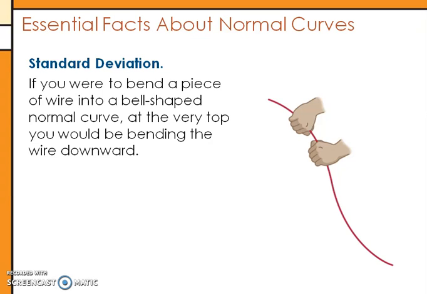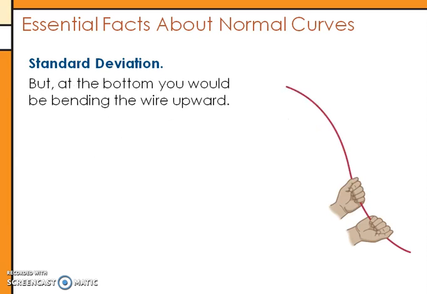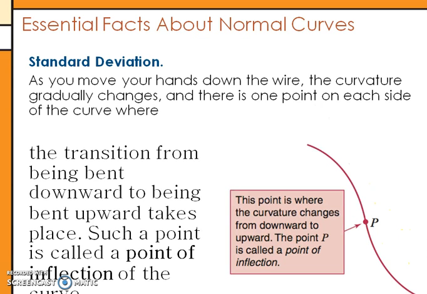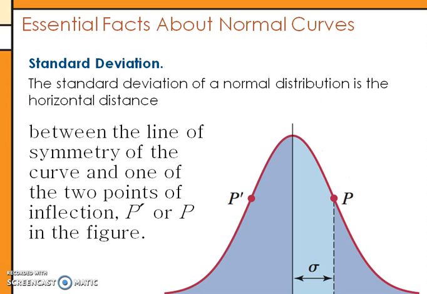So if they took a wire and they were bending it down and they started bending it upward, there's this point right here in the middle. Also, you can look at it as, see how here it's getting steeper and steeper and steeper? Then there's a point right about here where instead of getting steeper and steeper, it starts to get less steep. So that's called the inflection point. And so the inflection point is the location of the standard deviation, or the standard deviation is the distance from the middle to there.